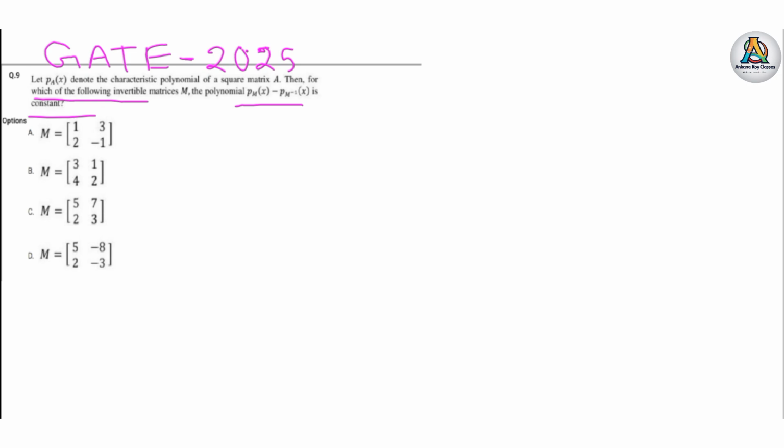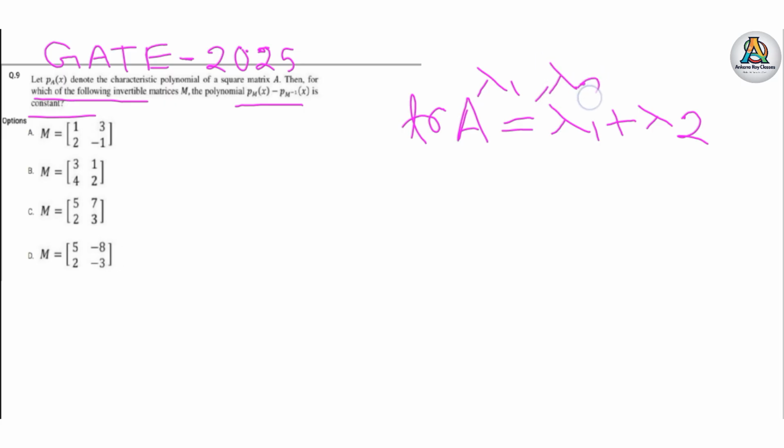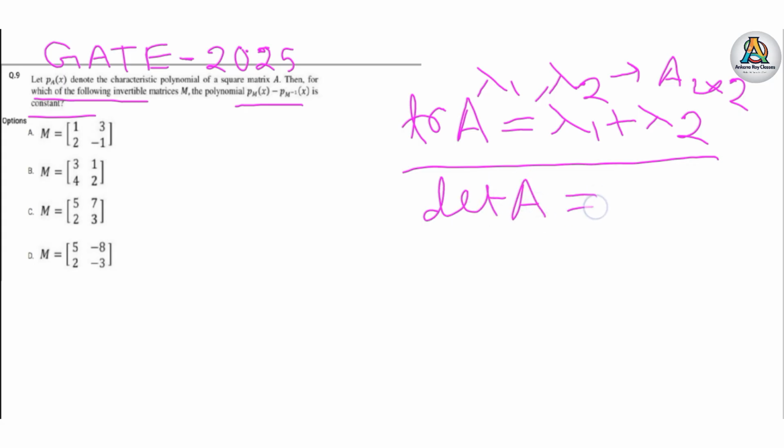We know that the trace of a matrix A is equal to lambda 1 plus lambda 2, where lambda 1 and lambda 2 are the two eigenvalues of A. Suppose A is a 2 cross 2 matrix. Trace of A is equal to lambda 1 plus lambda 2 and determinant of A is equal to lambda 1 into lambda 2.